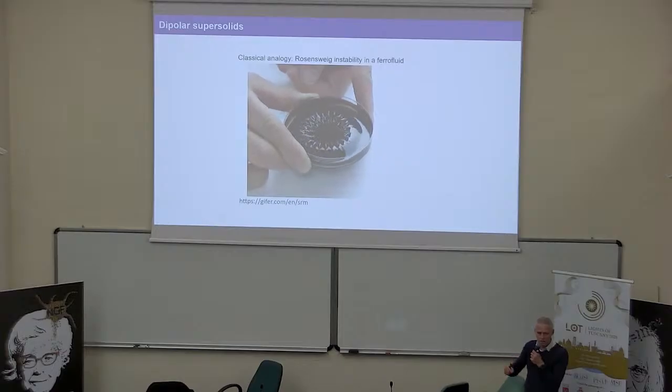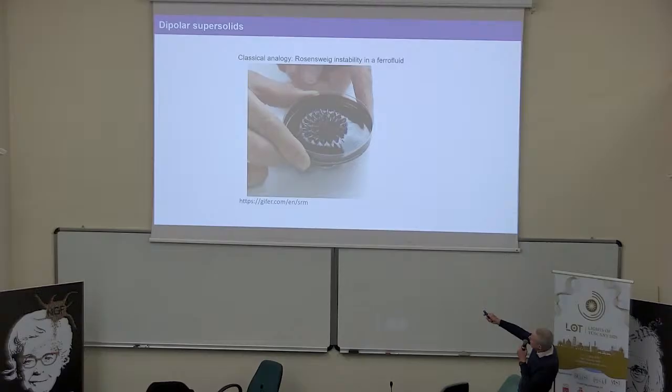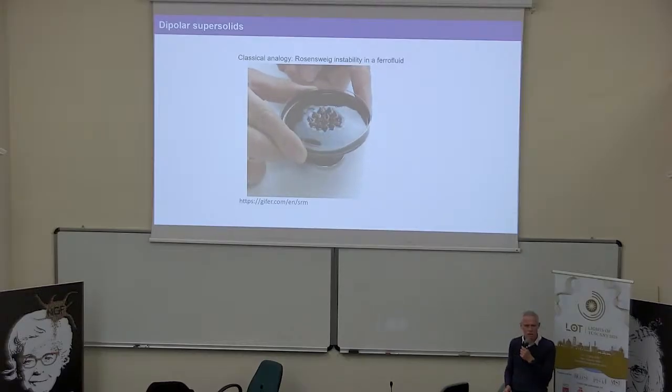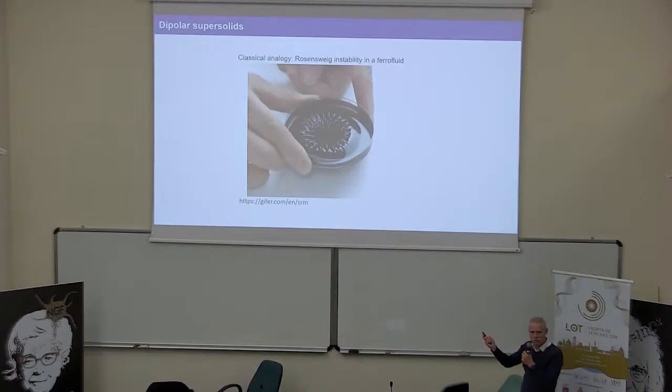So it's a suspension of some magnetic particles in a liquid. And in the presence of a magnetic field, here there is a magnet below, the system develops this periodic modulation of the density. So this is a classical visualization of the supersolid.